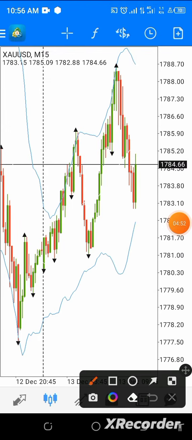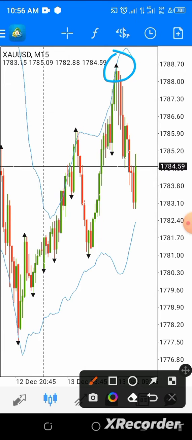Whenever a fractal shows at the top, it means sell fractal, and any fractal that shows at the bottom means buy fractal. Let me give an instance here. This is what I mean.